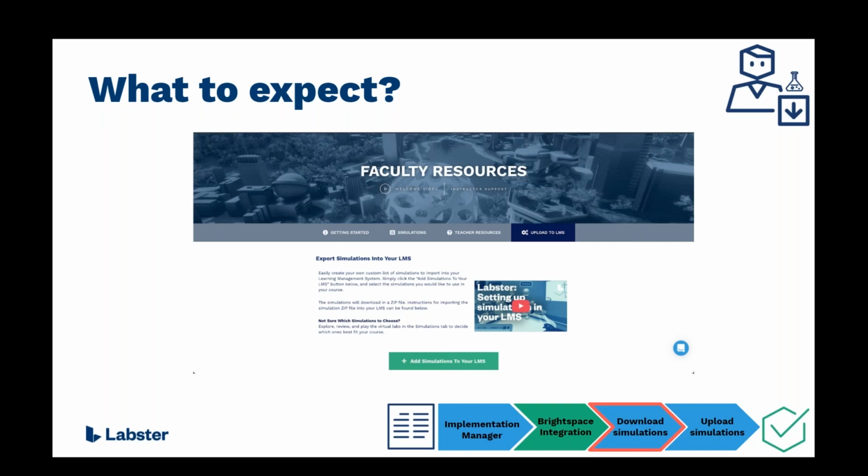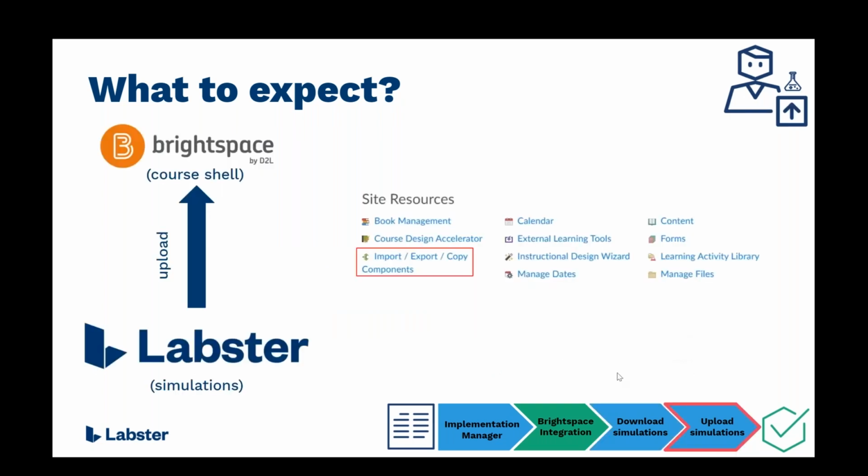During this training session, they will show you how to download a common cartridge file. A common cartridge file is a zip file with all of the simulations that you want. You will do this on the faculty resources page. After they show you how, you will then do that yourself.